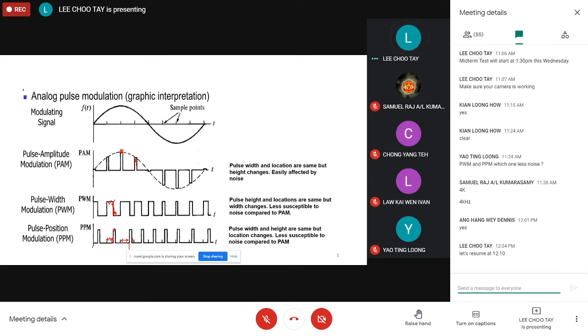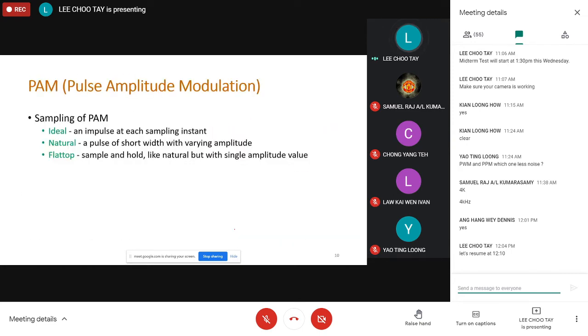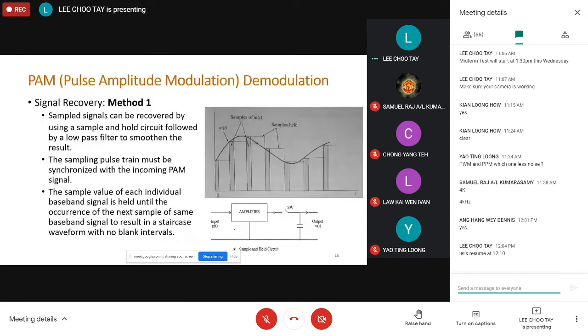So if you really want to compare strictly, PPM is slightly worse in terms of noise immunity as compared to PWM. Do you agree? Agree. Okay.